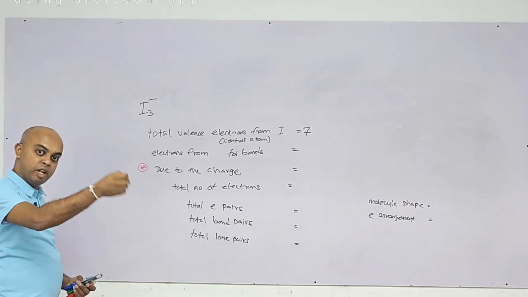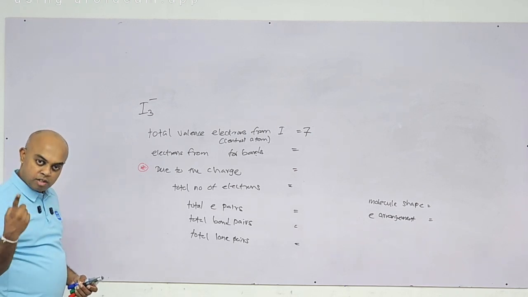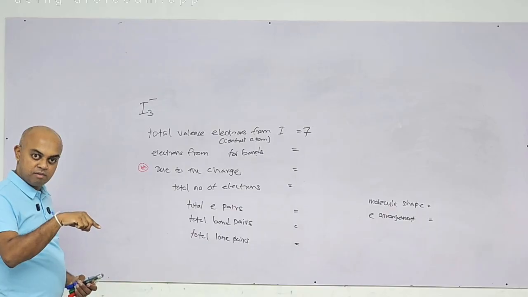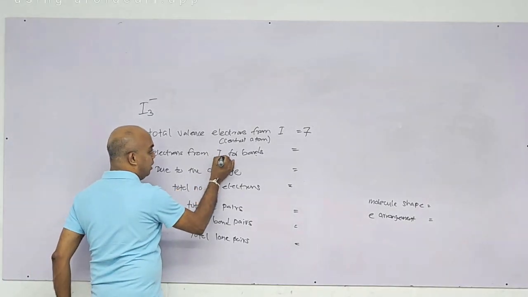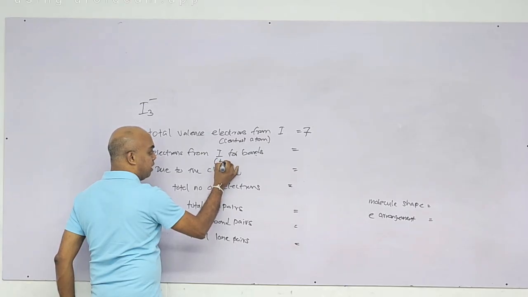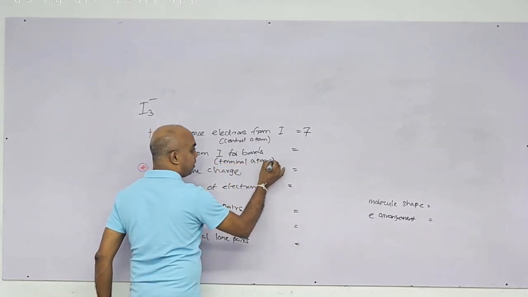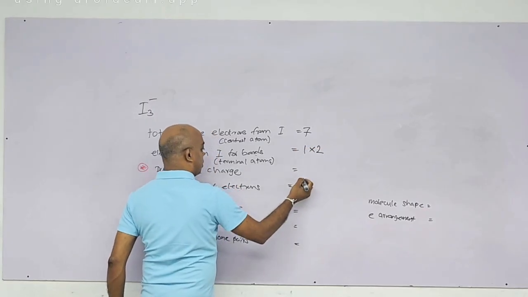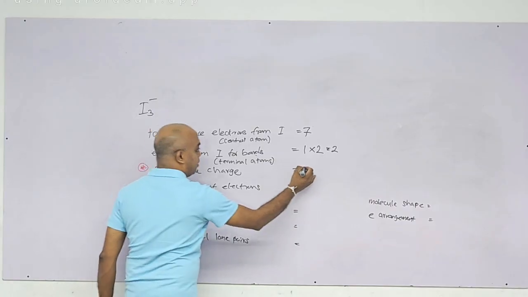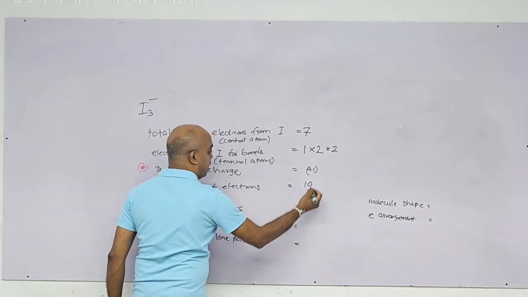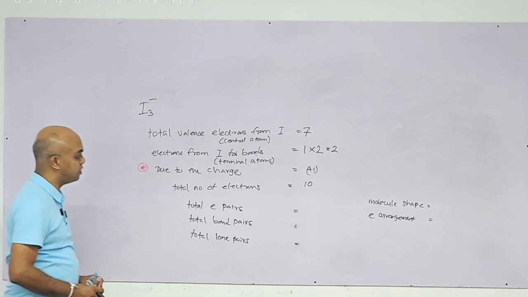When a 17th group element becomes a terminal atom, it gives out only 1 electron for the bond creation. So electrons from I for bonds, these are terminal atoms, 1 each, so 2. Total there is 2, due to the charge plus 1. So total 10. Total number of electrons is 10. 7 plus 2 plus 1, that is 10.